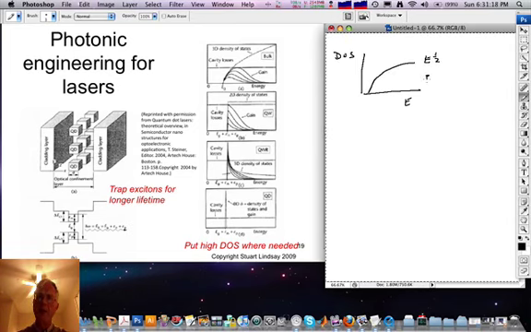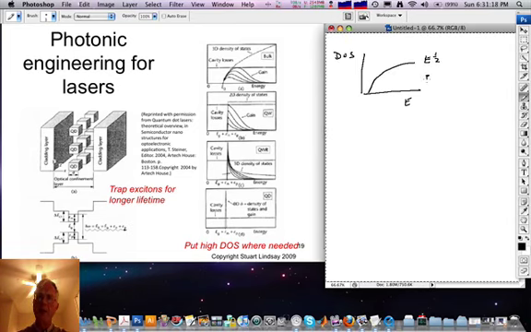In 1 dimension, i.e. a wire, the density of states looks like E to the -1/2. And of course, in the case of 0 dimensions, the density of states looks like a delta function.